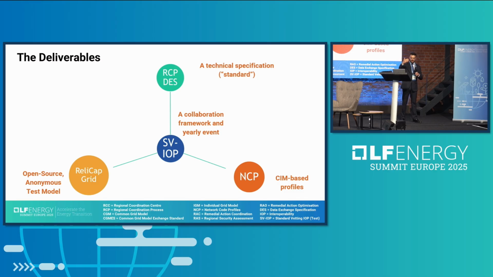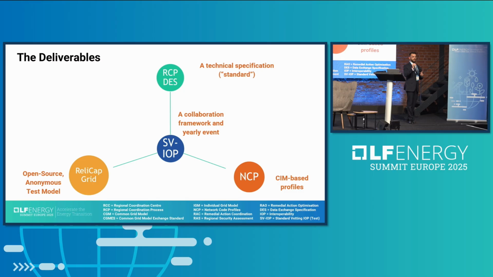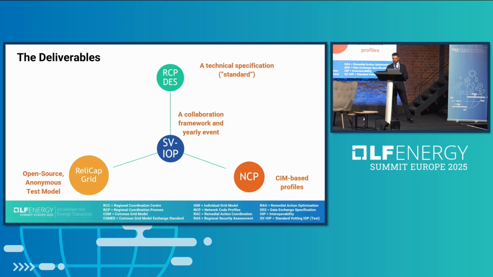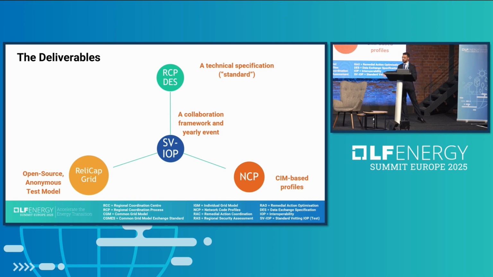With that, we built a data exchange specification, and personally I put a lot of emphasis, a lot of effort, in being as clear as possible and going down to the detail, down to the attribute and association level. So it's crystal clear what one has to do to fulfill a certain use case. The use cases, of course, refer to a CIM-based model. These are the network code profiles.